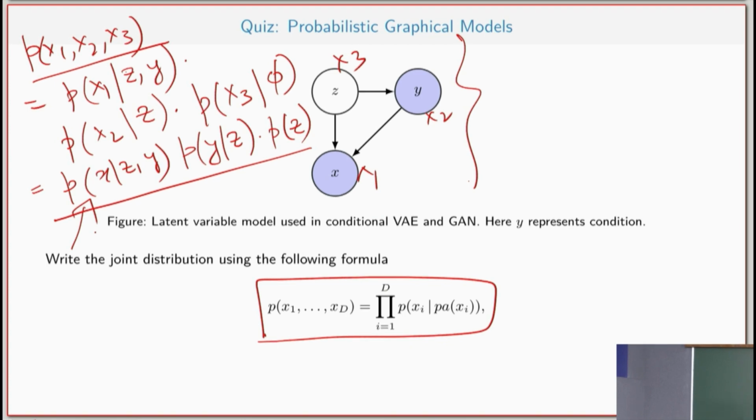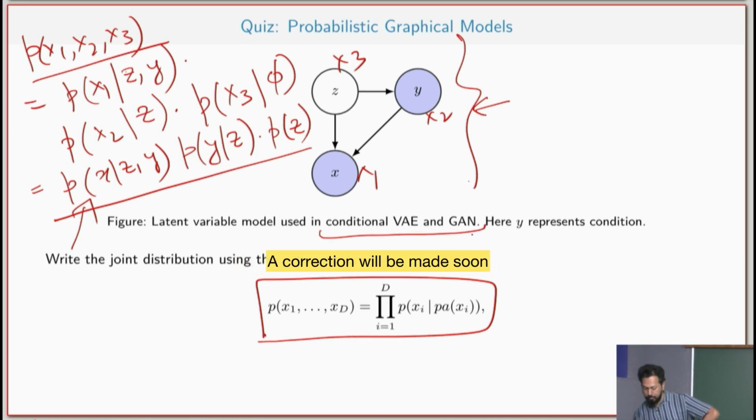If you see this model, it could be used for conditional GAN. Z is given, but along with z some label y is also given, and based on z and y I will be creating an x. So this could be seen as a model for conditional GAN.